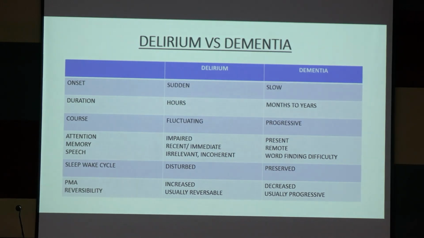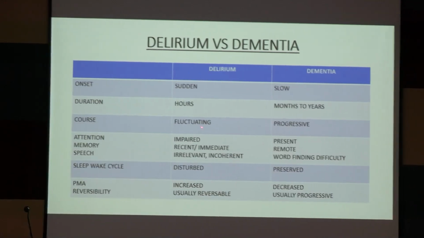Next, what is the difference between delirium and dementia? খুব কমন কোয়েশ্চেন. ঠিক আছে? Onset: delirium is sudden onset, হঠাৎ করে হয়েছে, and dementia is a slow onset. Okay, duration is usually hours to days, and in dementia it can take months to years, usually years. বহু বছর ধরে একটা স্লো মেমোরি ডিক্লাইন কমপ্লেন করবে পেশেন্ট.